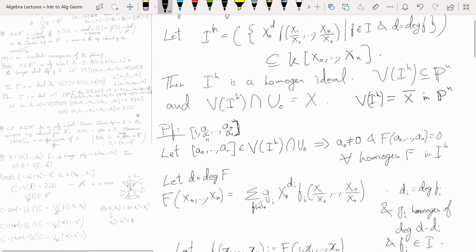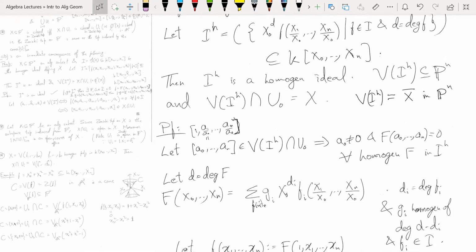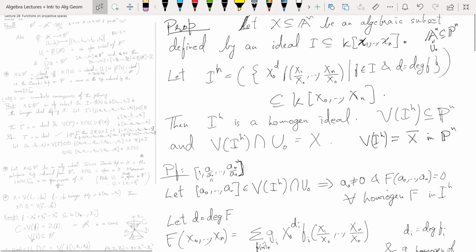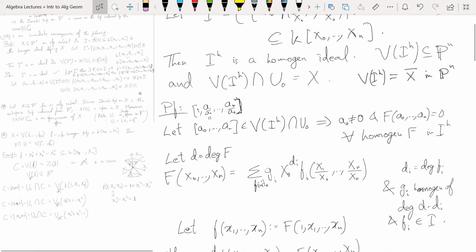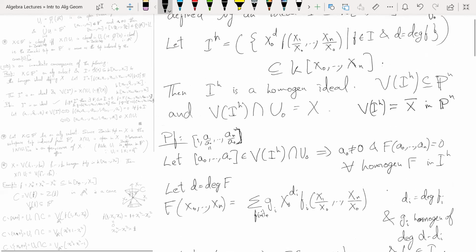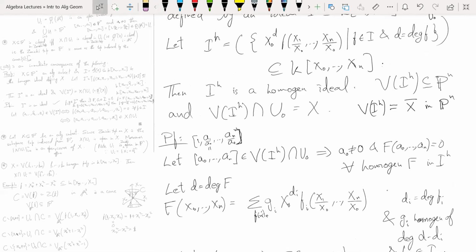So we will show that this vanishes for all f in I, and then we'll be done. So let d equal the degree of F, where F is in I^H. Since F is generated by these kinds of homogeneous polynomials, where f belongs to I and d is the degree of f.